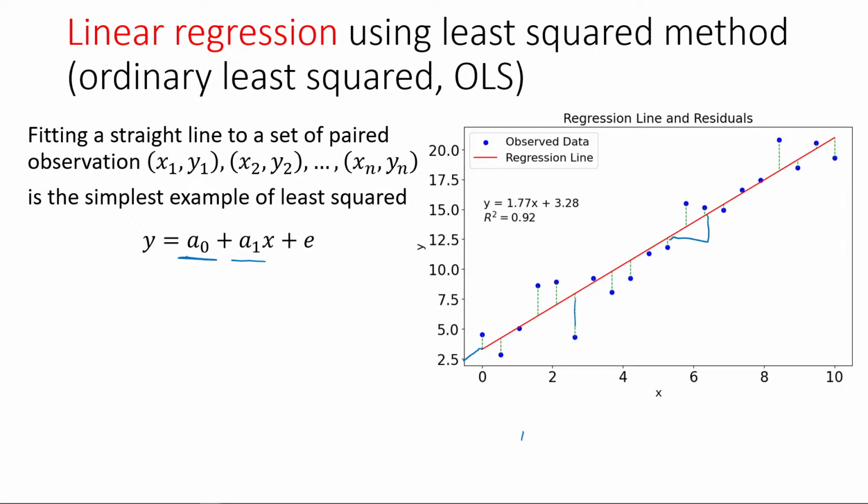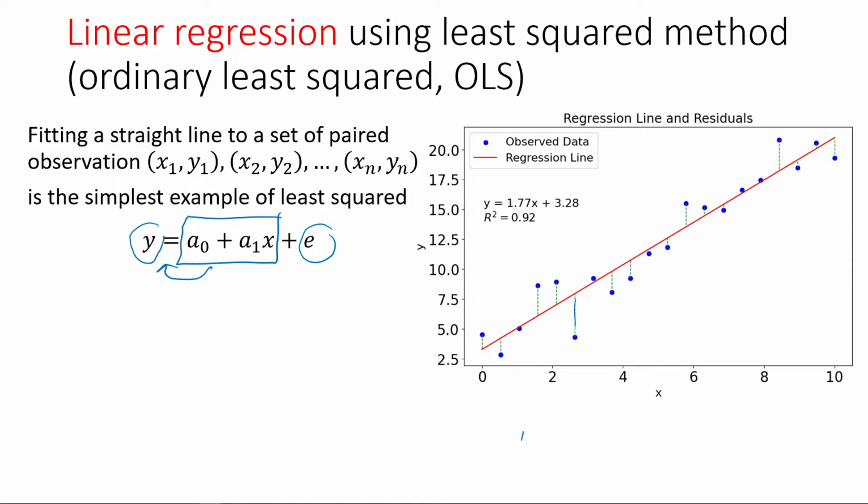And whatever my independent variable cannot explain of my dependent variable, that would be the error. So this model can explain some part of this y, and the remaining part that cannot be explained by this model would be my error.